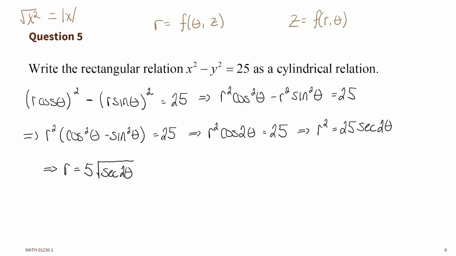Well, it depends what the range for theta is. Theta goes from 0 to 2 pi in most contexts. Theoretically, minus infinity to positive infinity. Secant of 2 theta won't ever be negative, but the question is why?